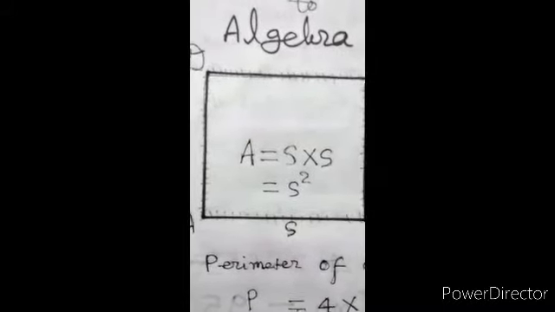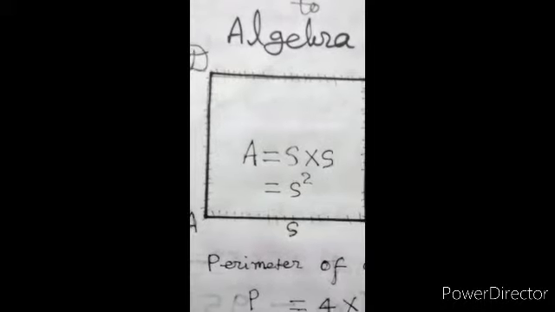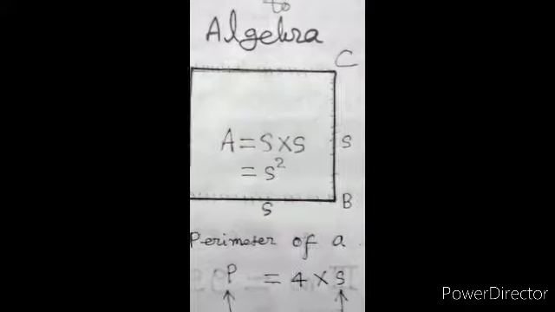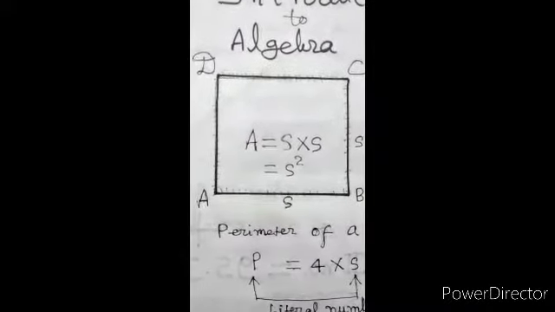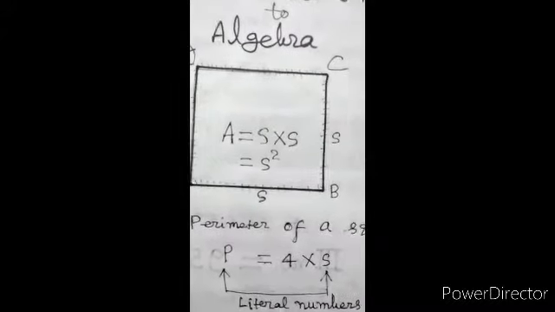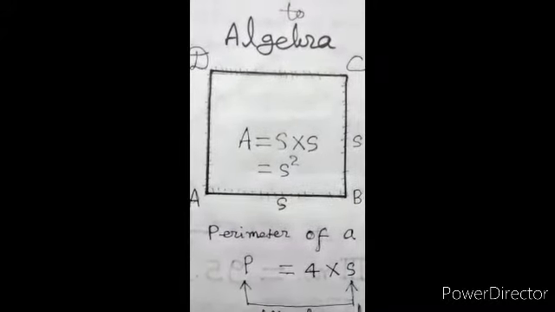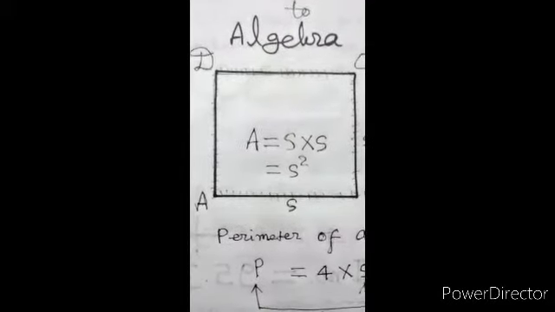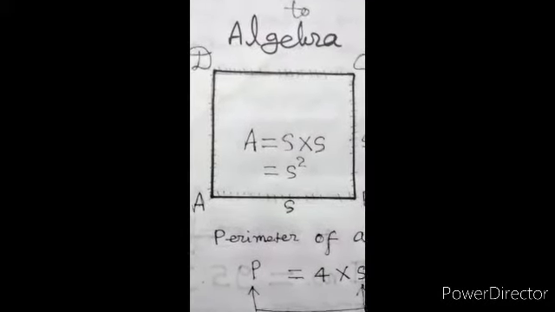Here S is base and 2 is its exponent or power. As we know, its perimeter is 4 into side. Perimeter of a square is 4 into side.